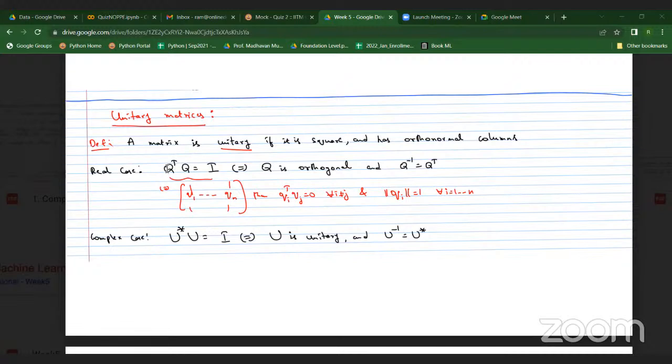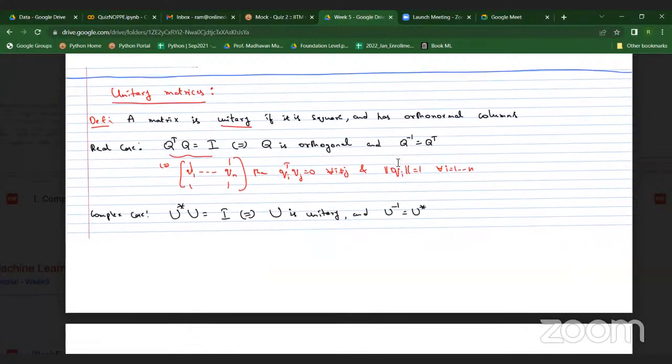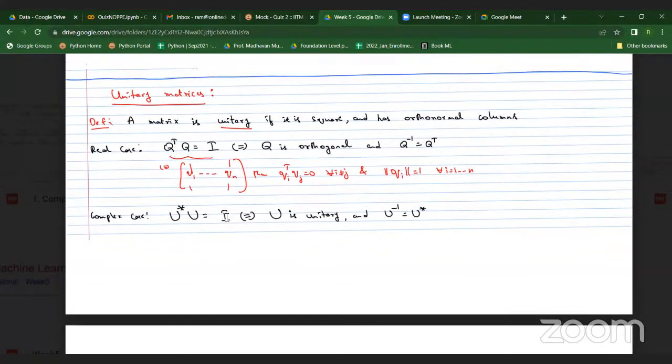Similarly for orthogonal, we have Q transpose Q equals I. The similar one for complex numbers is unitary matrices. Here we have U inverse equals U star, or in other words, U star U should be equal to I. What does that mean?